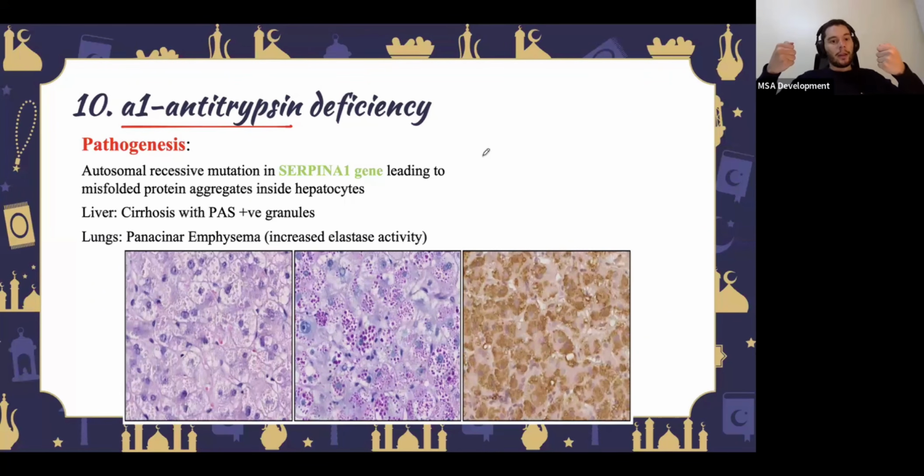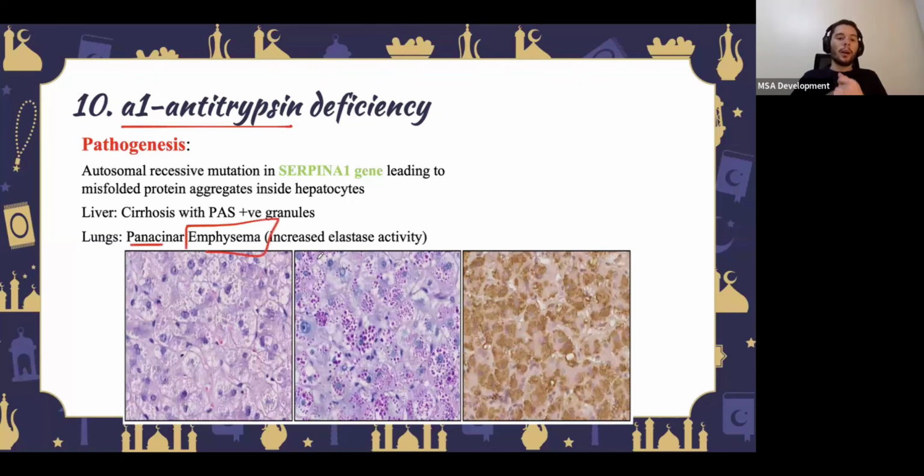Now, if alpha-1 antitrypsin is deficient, elastase would continuously start breaking down the elastic tissue, and the lungs would not deflate properly. And this is what we refer to as a pan-acinar emphysema. Okay? You guys already took what emphysema is in CVP, but it's the exact same thing.